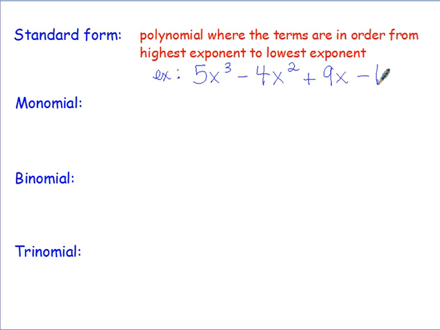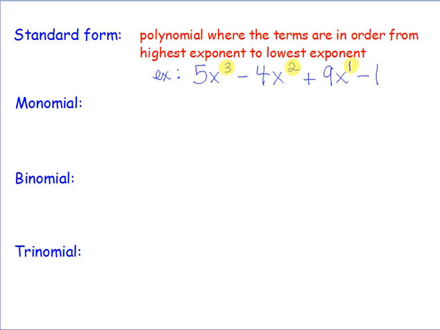If we look at the exponents here, they should go down from highest to lowest. The highest exponent is 3, then it goes down to 2, then of course there is an imaginary exponent there, it's a 1, and anytime you see a whole number without a variable, it doesn't have an exponent. So this is what we mean by highest to lowest exponent. 3, 2, 1, no exponents.